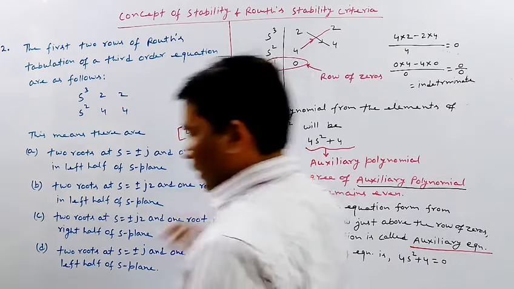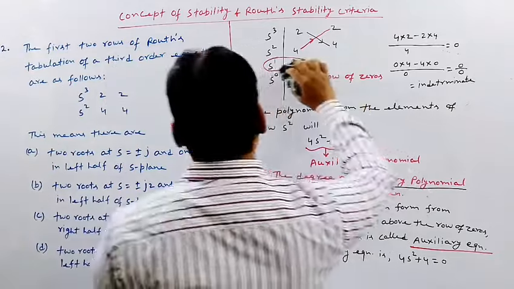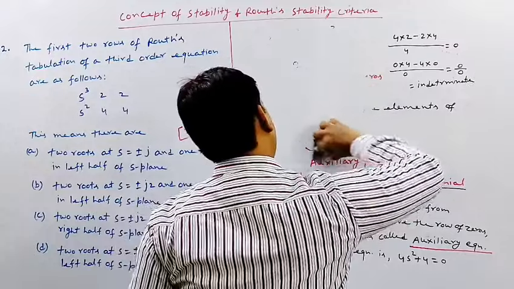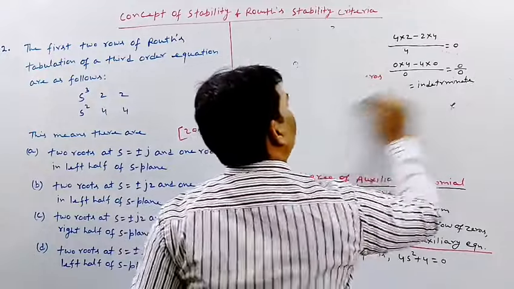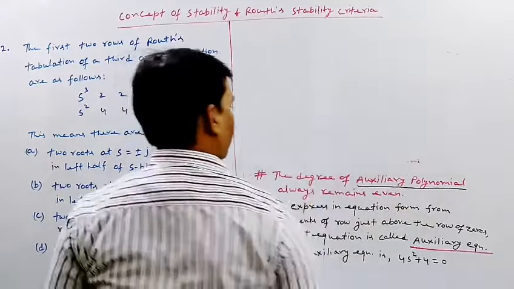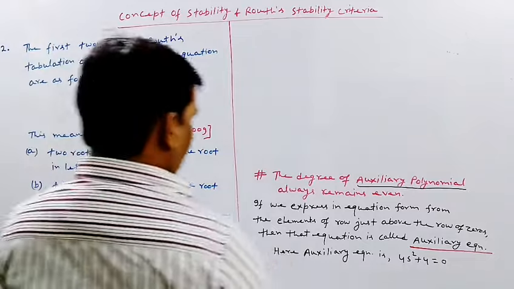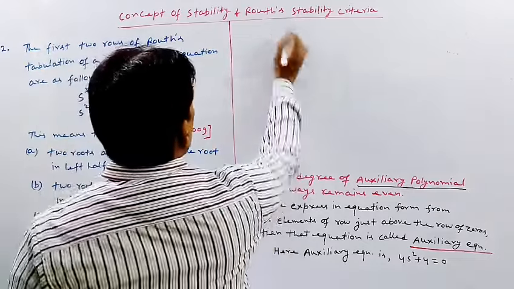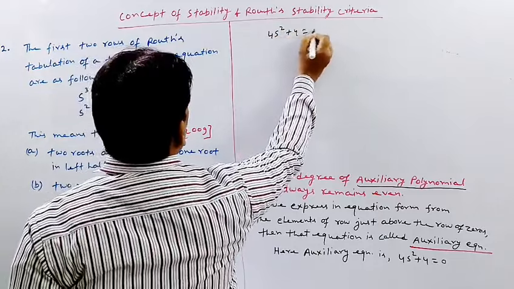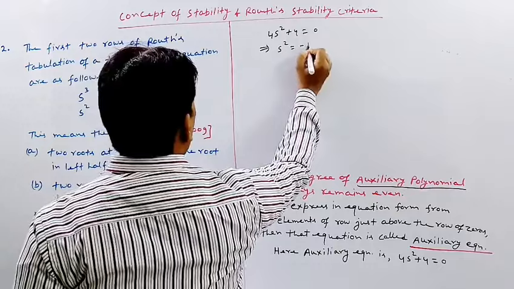So let me wipe this out and then we will solve it. Here the auxiliary equation is 4s square plus 4 equal to 0. This means s square is minus 1.